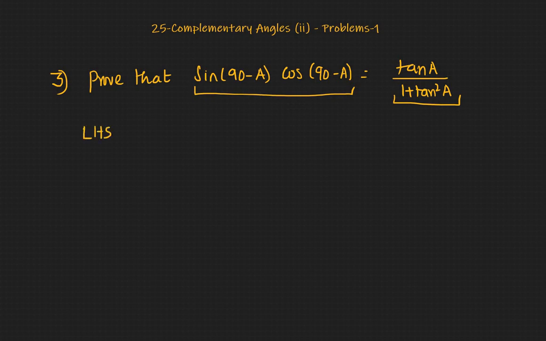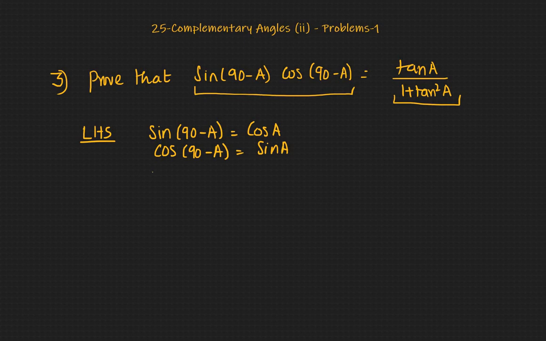LHS: we know that sine of 90 minus A equals cos A, and the other factor is nothing but sine A. So LHS would be equal to cos A sine A.